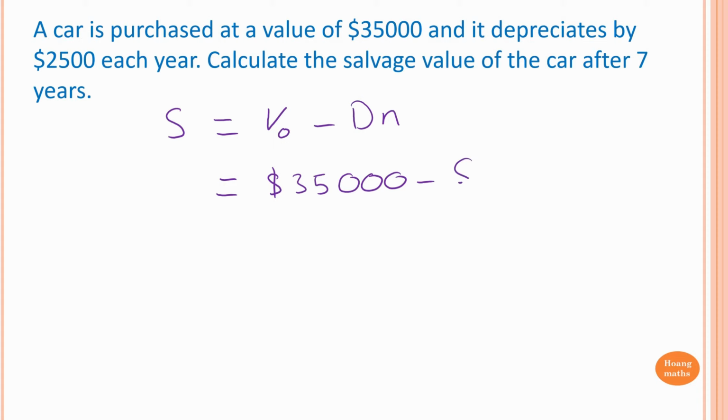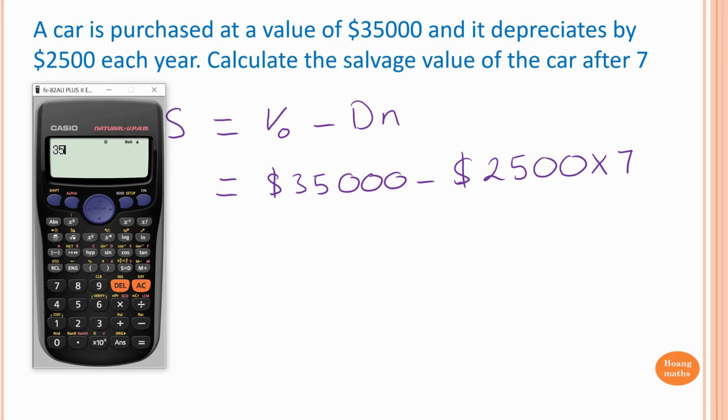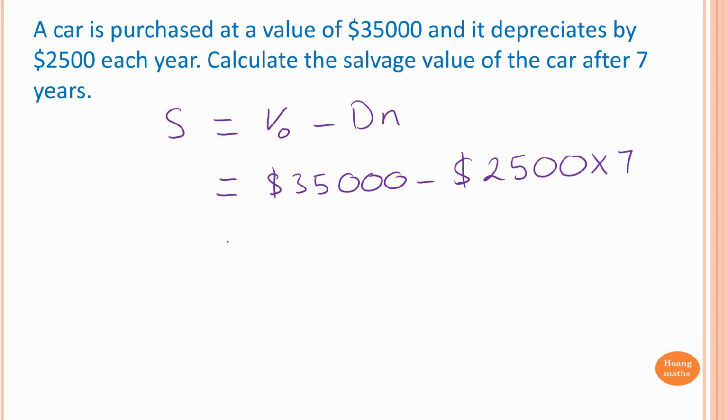In this case, it is $2,500, and times by N. N is 7 years, so times by 7. 35,000 minus 2,500 times 7 is $17,500. That is how much the car is worth after 7 years.